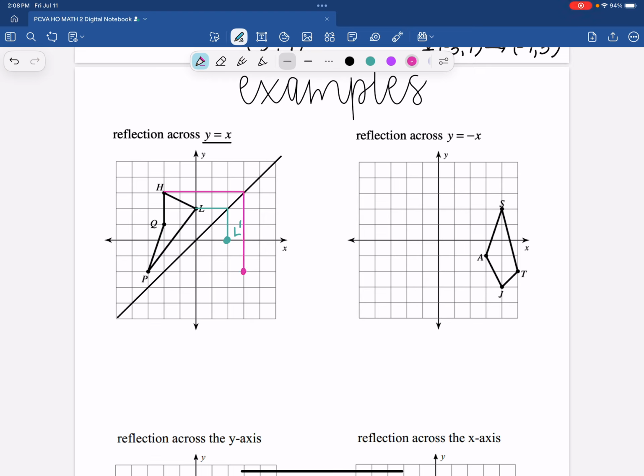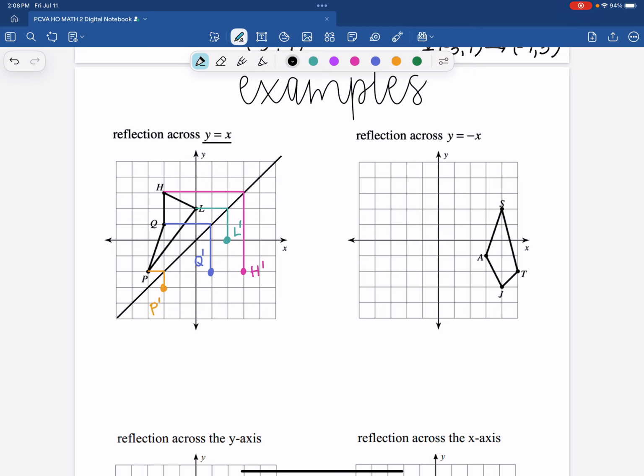That gives me H prime. Then we're going to do Q. We go to the line y equals x, so that's 3, and then 3. That's Q prime. And then finally, we have P. P is going to go to the line 1 unit, and we're going to go down 1 unit. So this is P prime.